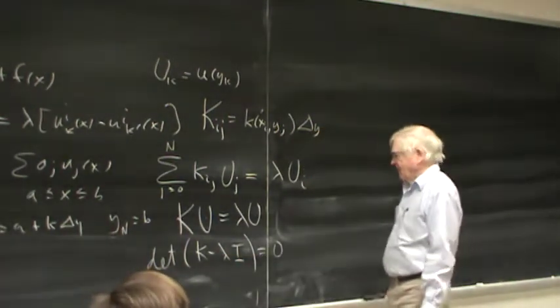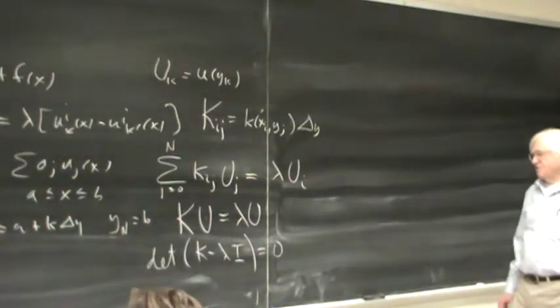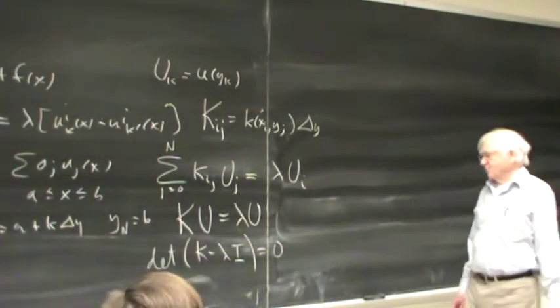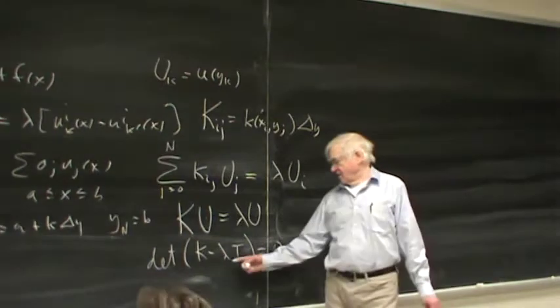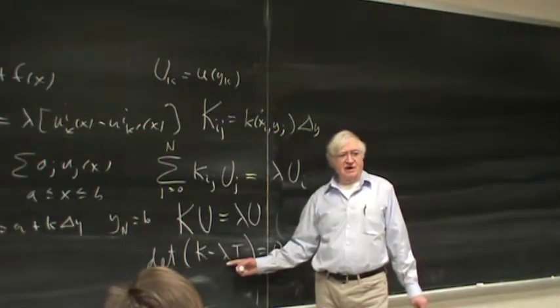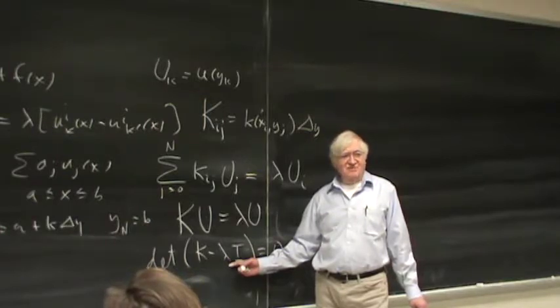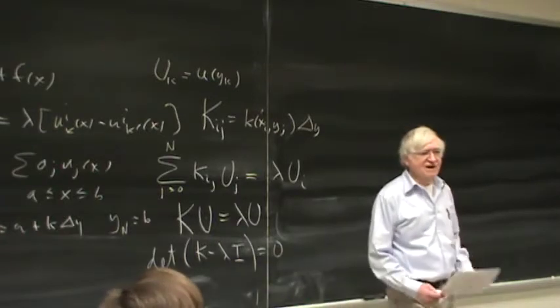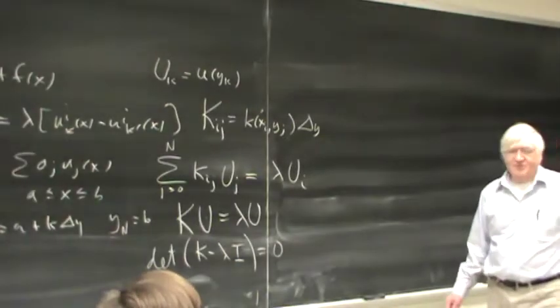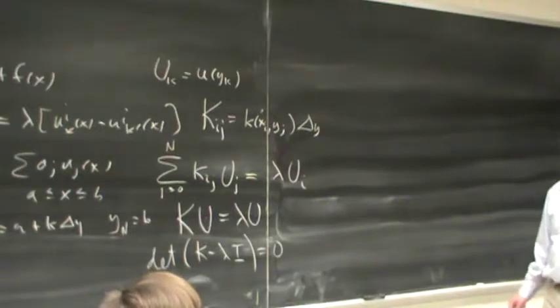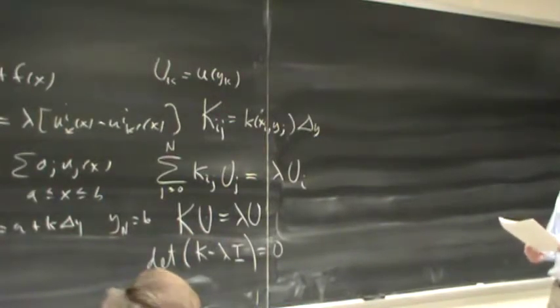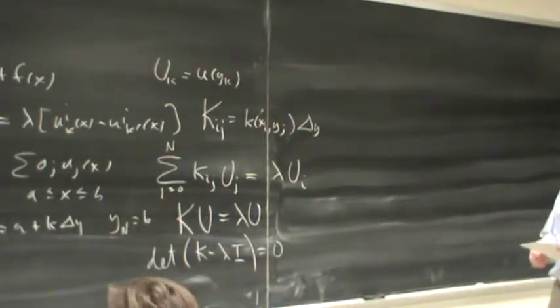Now, I was saying that this was trivial until I realized that at this step, it's not exactly trivial, because this is a characteristic equation, and if you have 1,000 points, it's a degree of 1,000. I imagine there are programs that solve that. It's not hopeless.